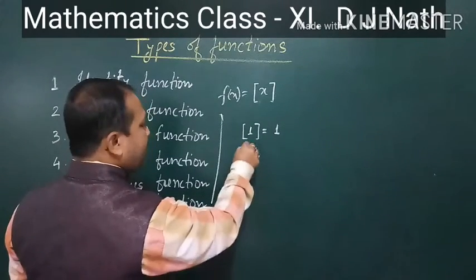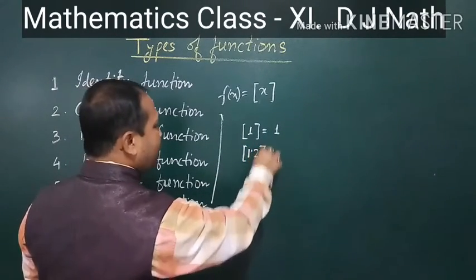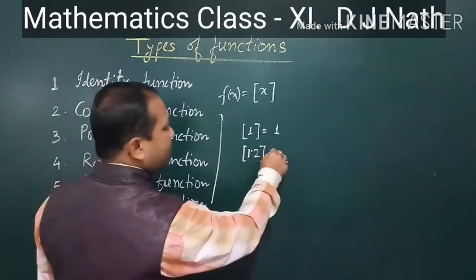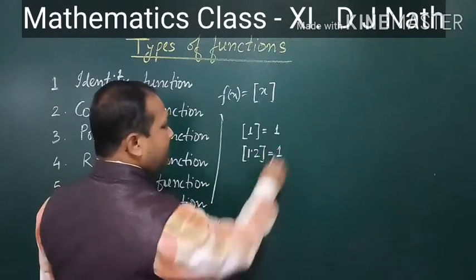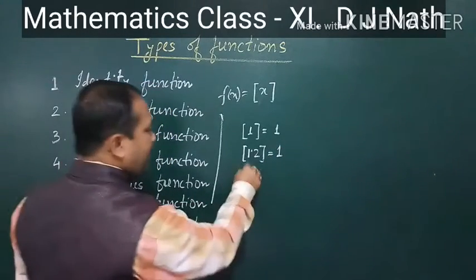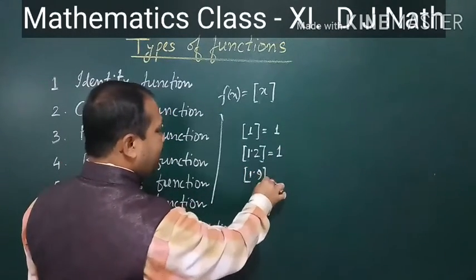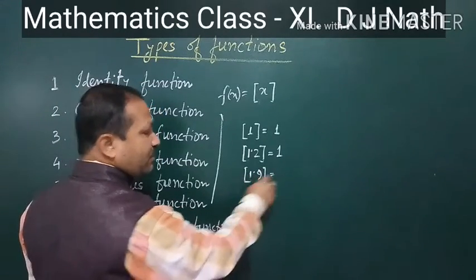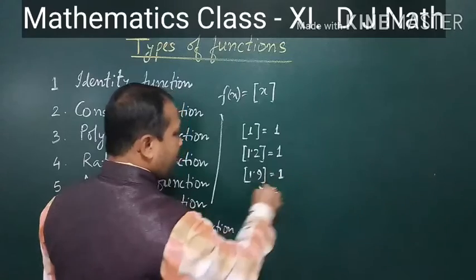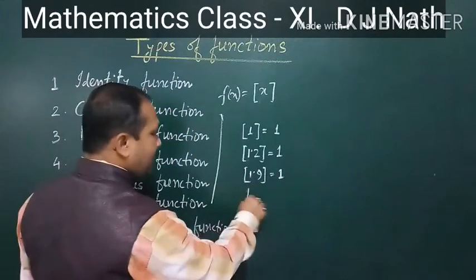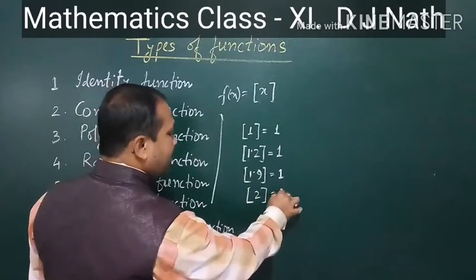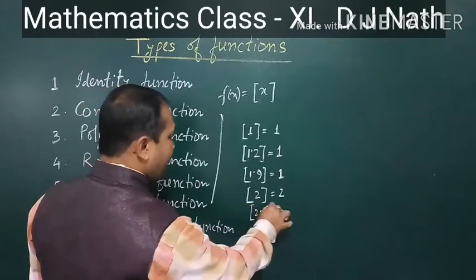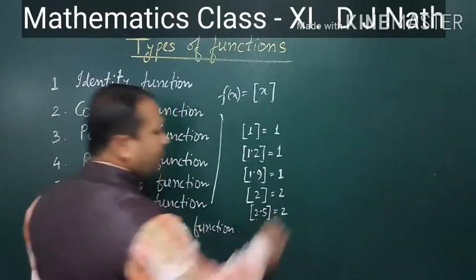If we write 1.2, the integer part is 1, so here also it is 1. If we write 1.9, here also it is 1, the integer part is 1. If it is 2, then it is 2 only. If we write 2.5, it is also 2.